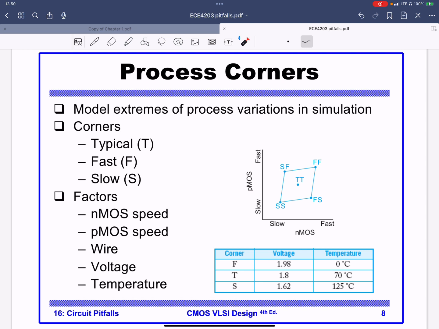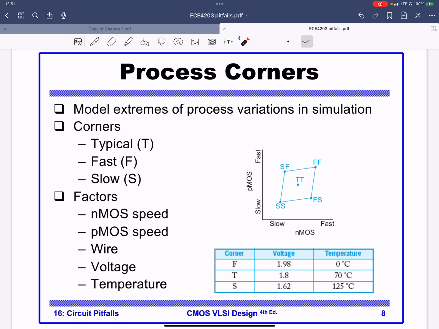So another way to say this is the manufacturer will do its best to reduce the variations in its processing, but after some point, it can't do any better, or it gets very, very expensive to do any better.